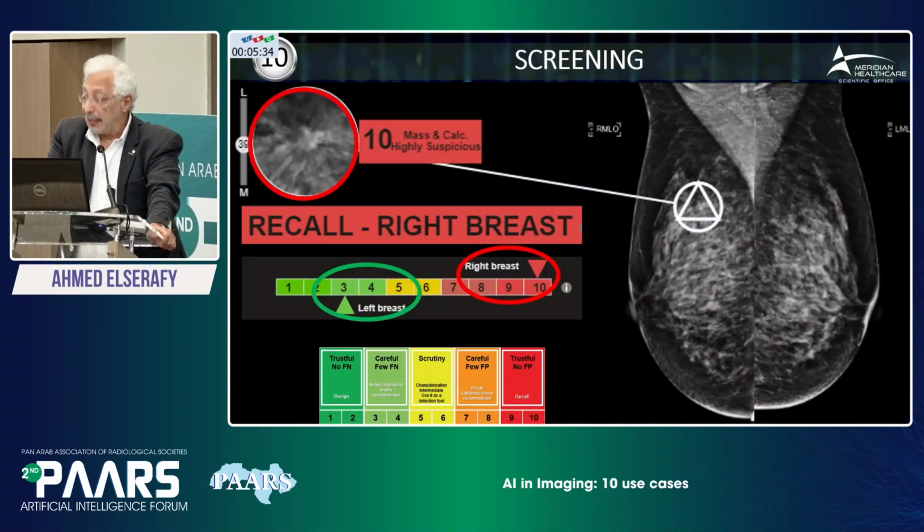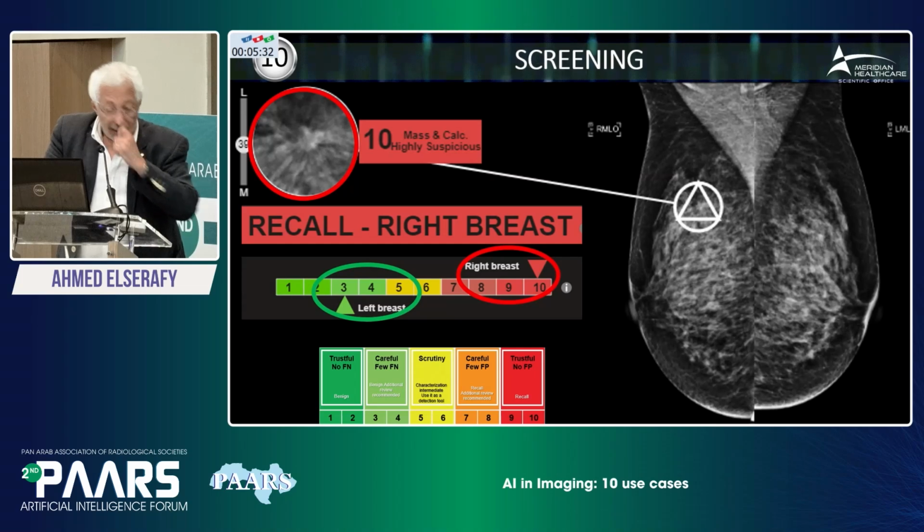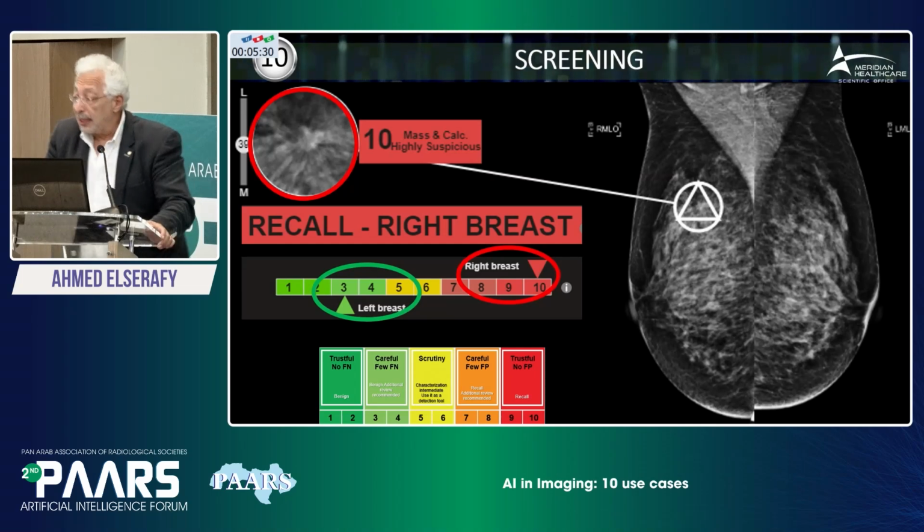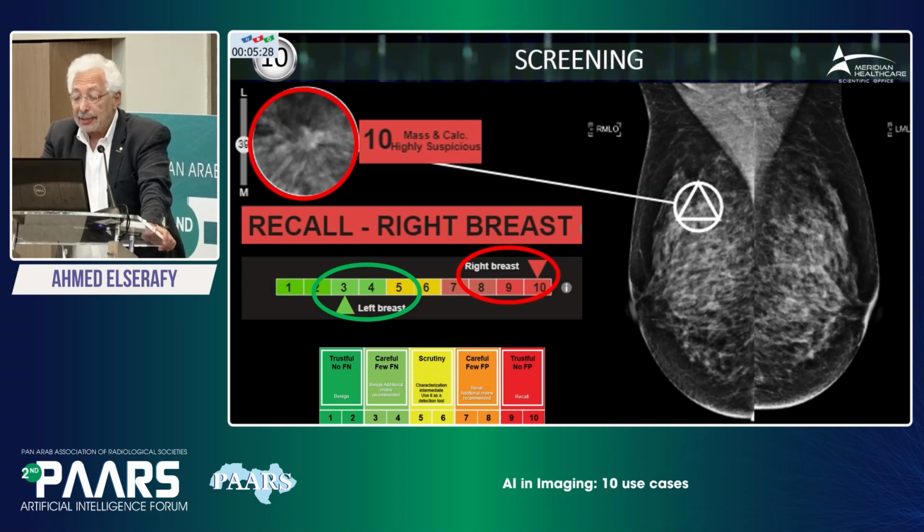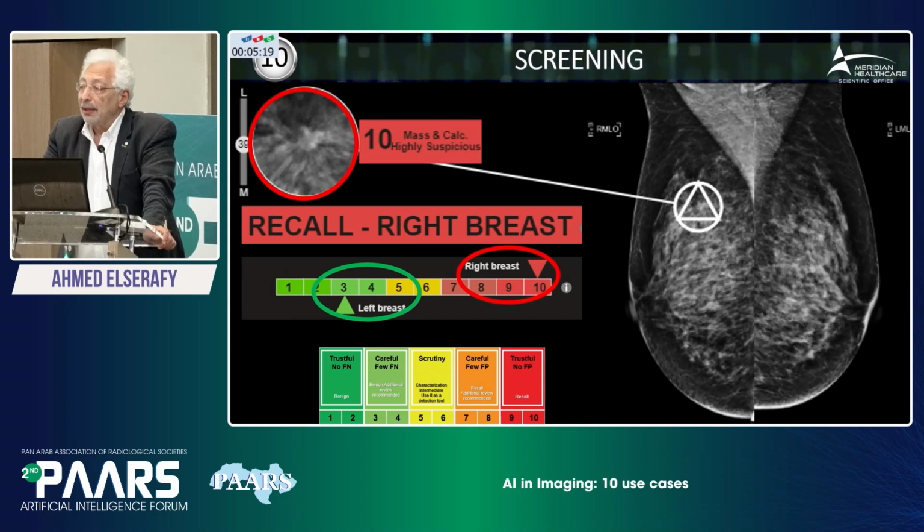But let's look at the classic breast cancer screening, where the abnormality is detected, it's characterized, it's scored on a classification system from 1 to 10, and an action is actually recommended. In that case, recalling the patient.